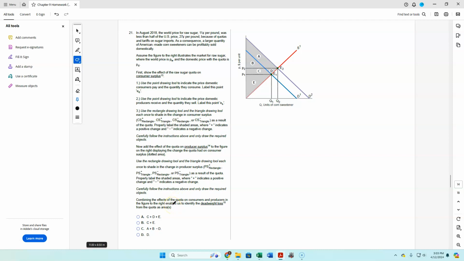If we wanted to see what the deadweight loss was from the quota, we need to look at, sorry, I'm just trying to read this as quickly as I can. Okay, so from the quota, actually, it's pretty easy.